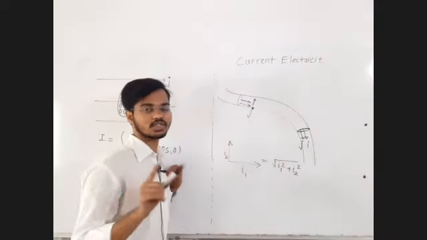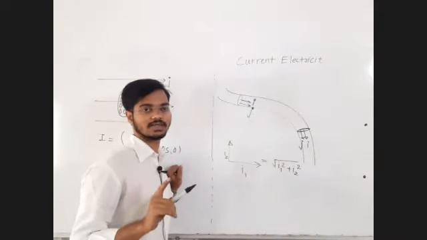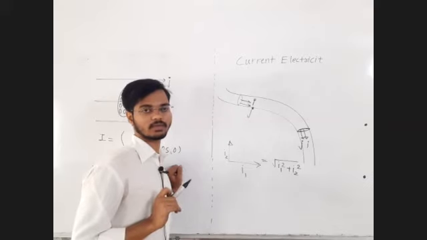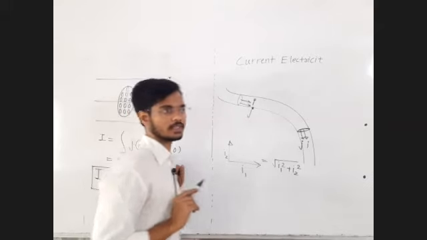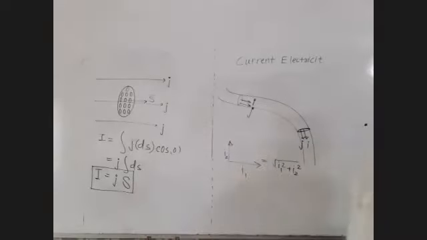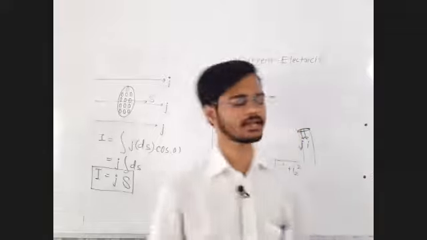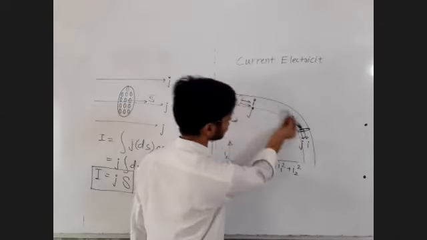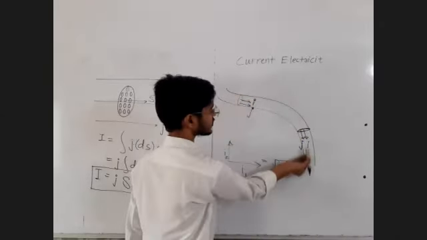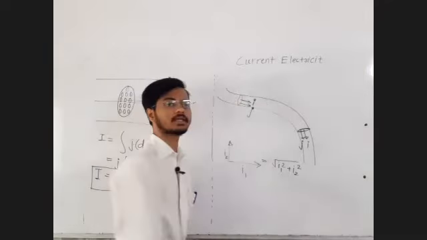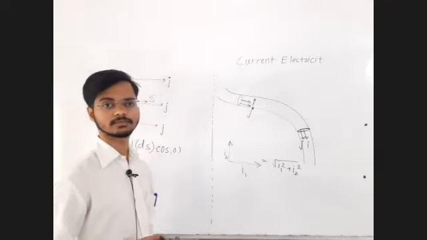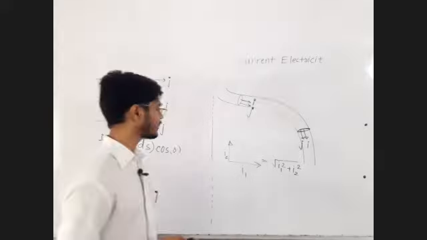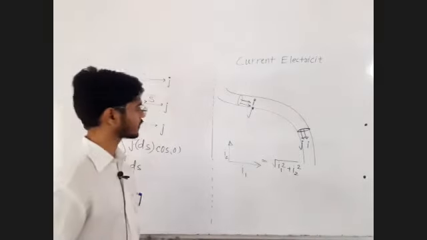So certainly it's not a vector. Are you getting this? Reply me in the chat box. Current, why current is not a vector? Its direction will be along the conductor, but current cannot be added vectorially, so it's not a vector.